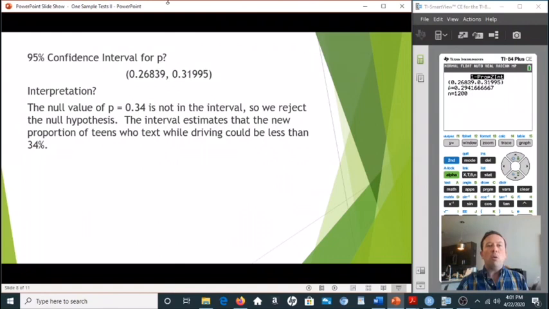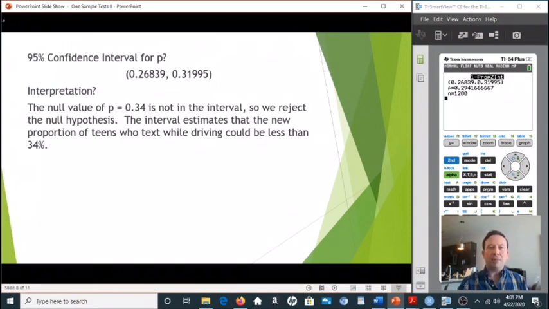All right, so now how do you interpret your interval in the context of the problem? Well, the interval is trying to estimate the true percentage of teens who text while driving. So notice that the percentage estimate here is less than the status quo, right? Status quo is 34%. The interval is estimating about 27% to 32% of teens are texting while driving.